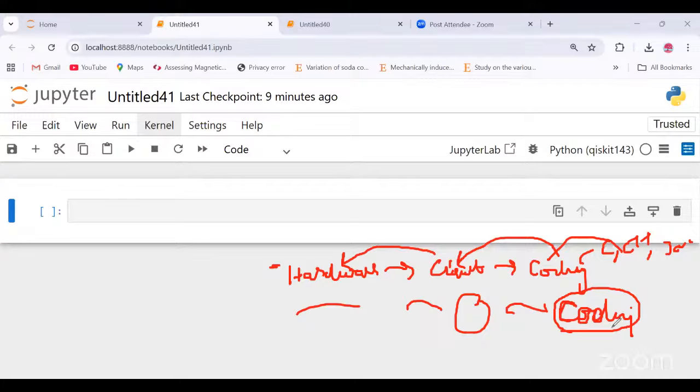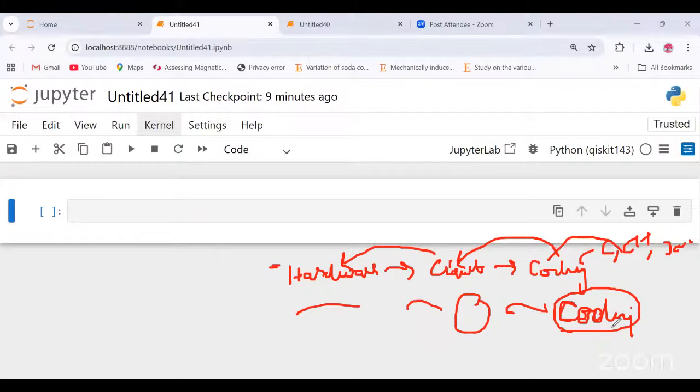Tomorrow we will talk about the hardware side and the different types of qubits. Google and IBM both use superconducting qubits, and we need to run those computers at minus 200 to minus 250 degrees temperature.